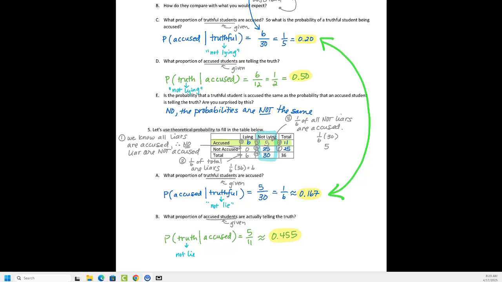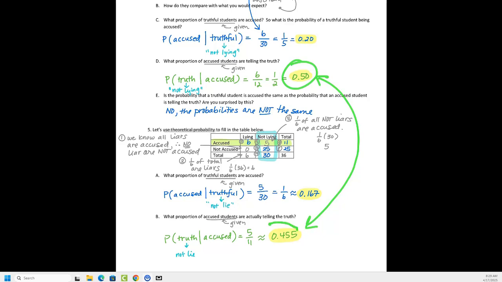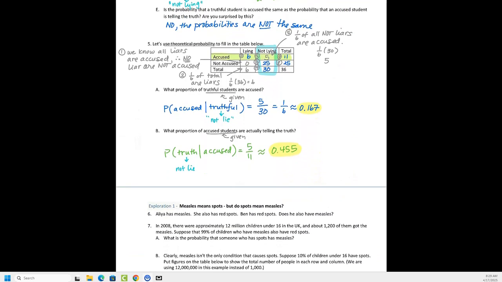Not too bad though. It's fairly close considering our small sample size. And the same thing for the other one. The empirical that we got was the 0.50, whereas the theoretical is 0.455. Okay, are we all good? Sweet, let's move on.